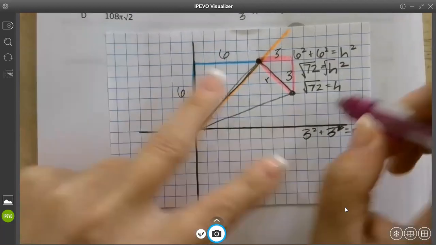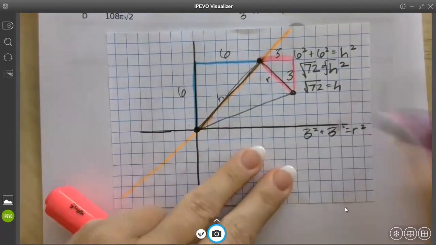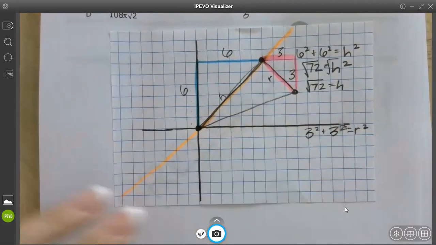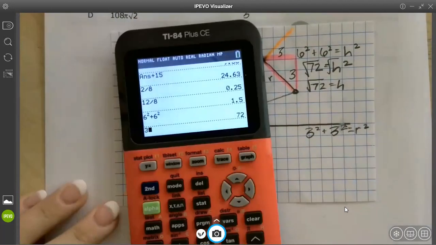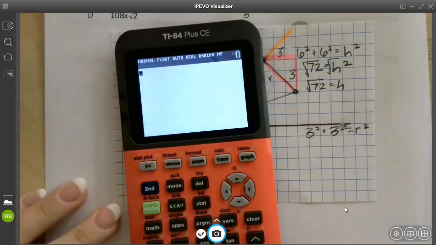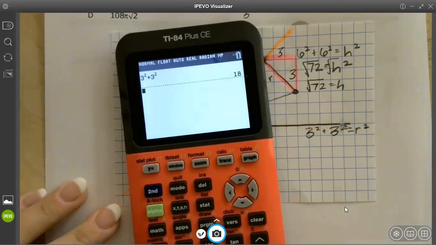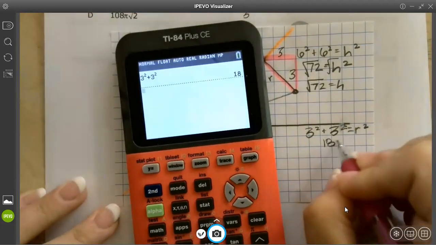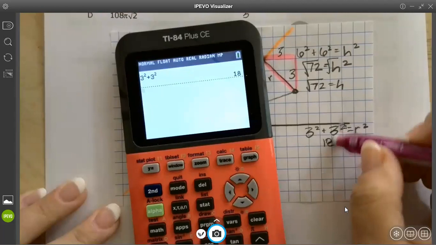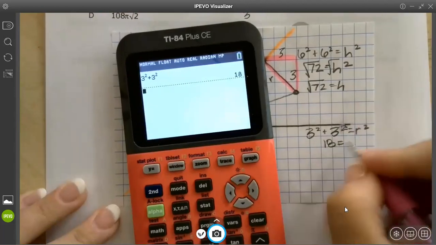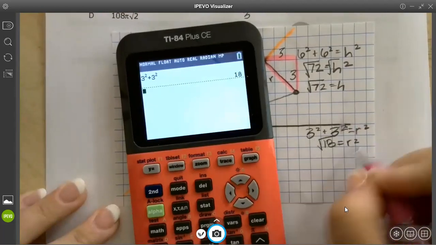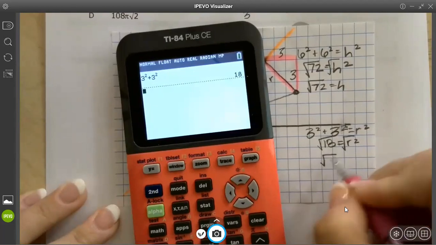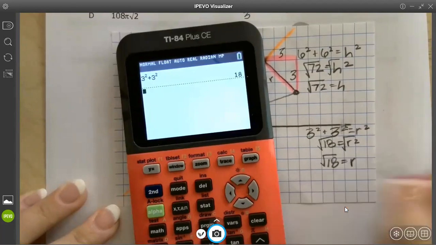So 3 squared plus 3 squared equals r squared. I get 18 equals r squared. And again, I'm just going to leave it as a square root. All right.